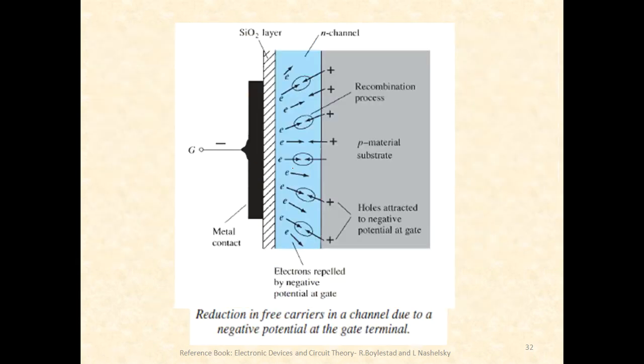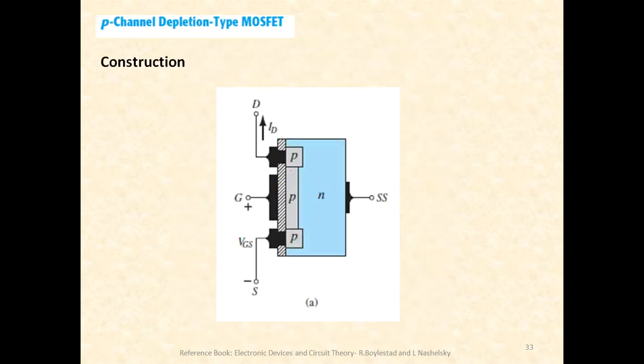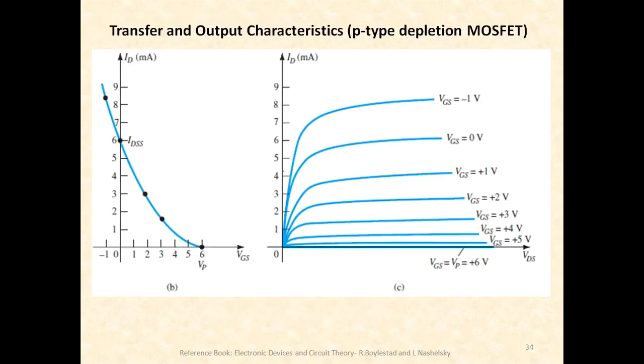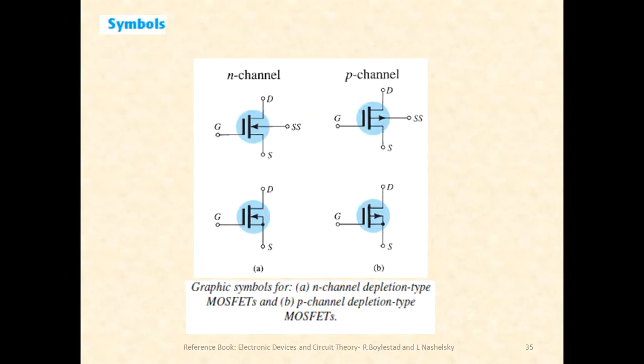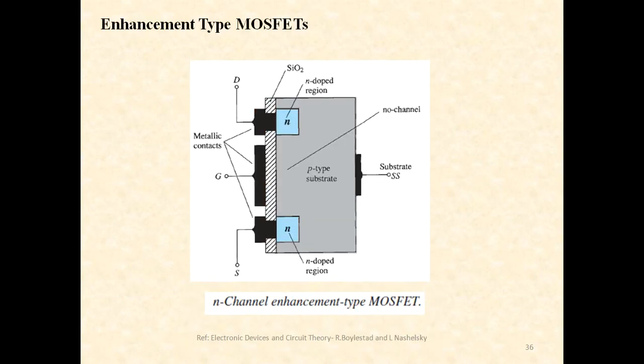That was the recombination process which happened in the case of the depletion type MOSFET. Then we had also looked at the P channel depletion type MOSFET. We get a similar kind of graph, but it's a mirror image, because of the changes in the voltage polarities. So these were the symbols.